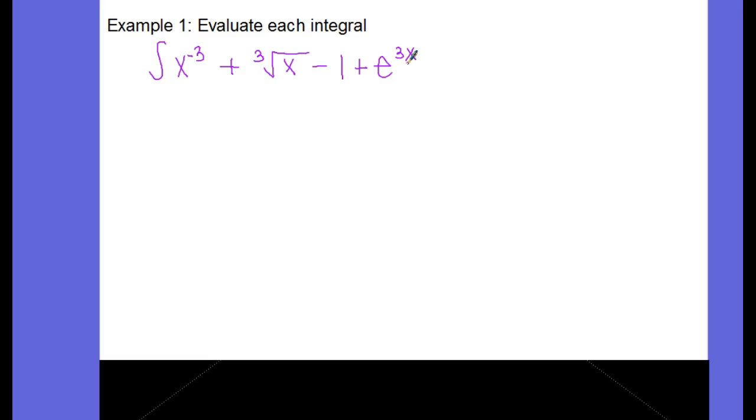Yeah. Okay, so this becomes x to the negative 2 all over negative 2. That's our power rule. The cube root is like x to the 1/3. So if you add 1 to 1/3, you get x to the 4/3 over 4/3. A constant gets a variable. And yesterday we did the e's, so e to the 3x would get a 1 over 3.